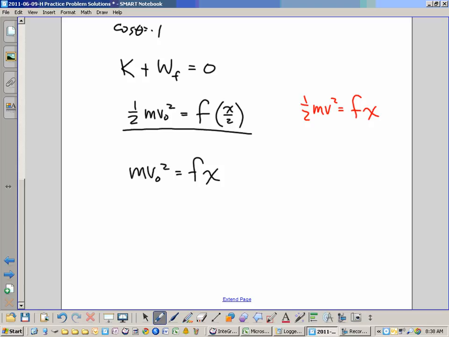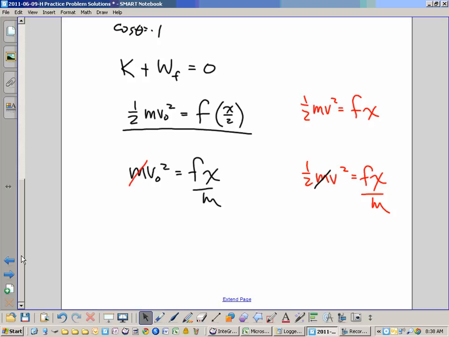Fx. How did I get there? Multiplied each side by 2. And over here, well, we're going to get rid of the m in a second. And over here in red, we have 1/2 mv squared is equal to Fx. Let's divide through by m, and we'll get rid of this m and we'll get rid of this m.